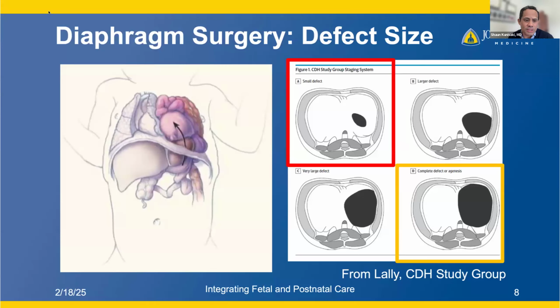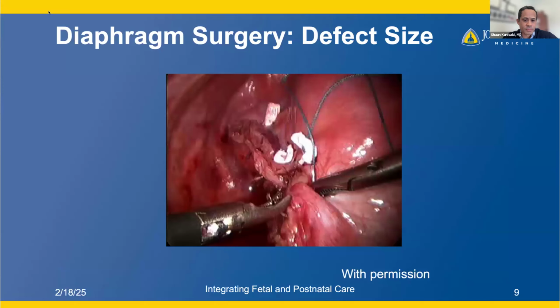And there is relatively equal distribution across the 4 different defect sizes, although at most of the major children's centers, like at Hopkins, our patient population is skewed towards the type C and type D defects shown there below.